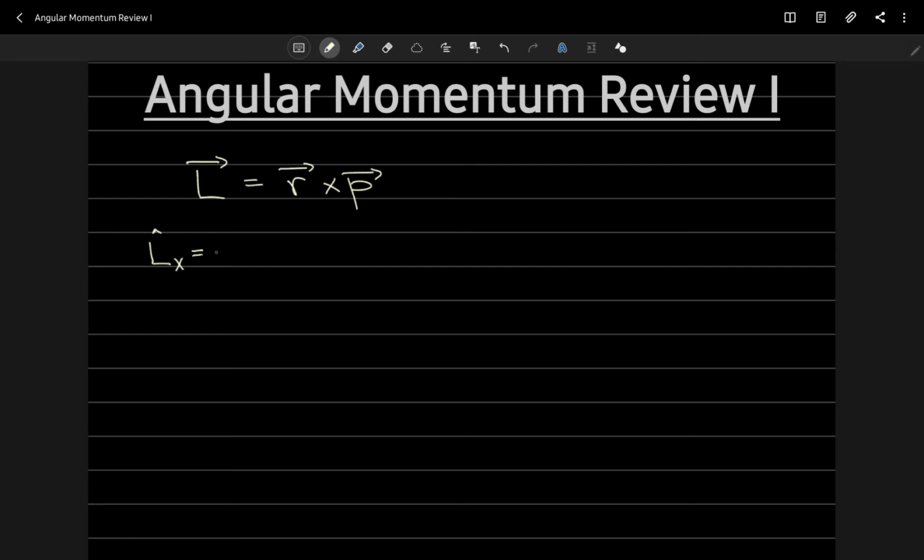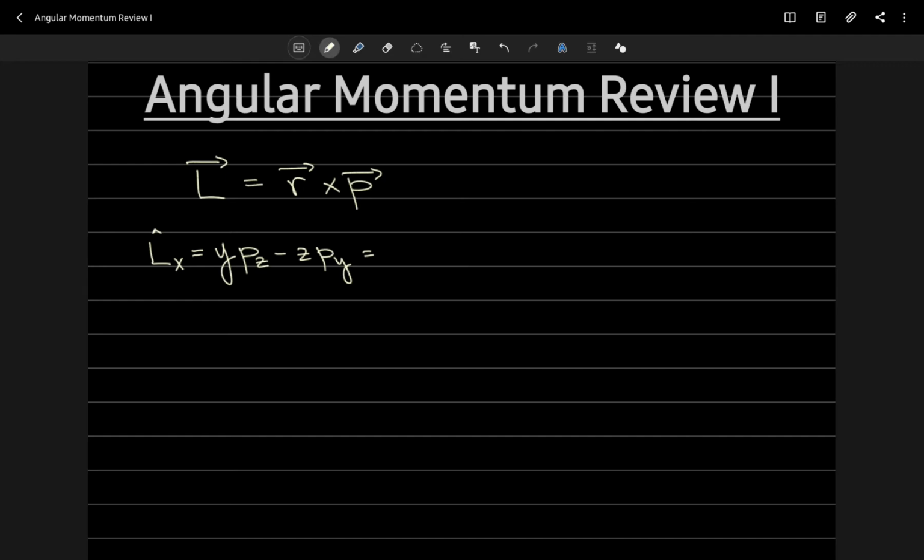So that is given as y pz minus z py, where these y, z, they're just the coordinates, right? Positions. And this thing is equal to, if I convert my momentum into the operator form of the momentum, right?